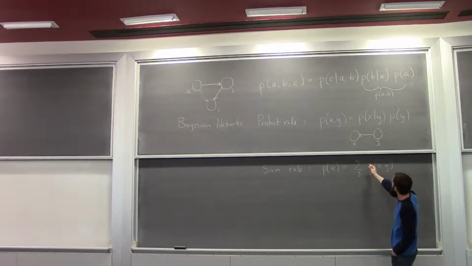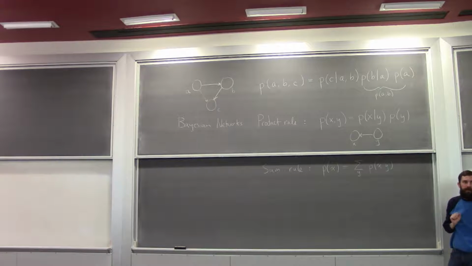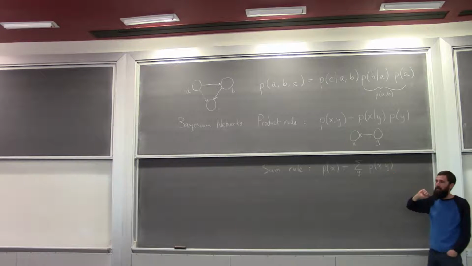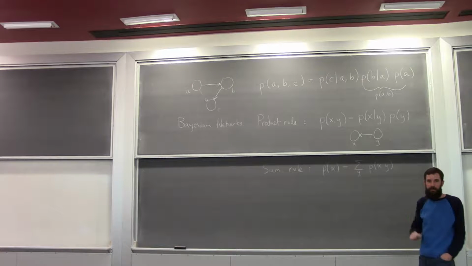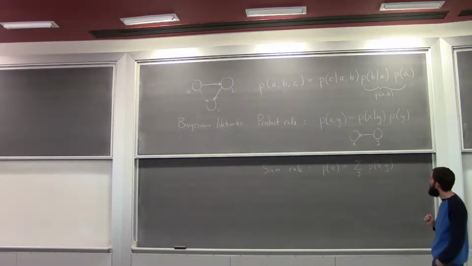If it's written this way, I can expand that out in the conditional version. But that's another piece that we're going to need. That's just marginalization. So this comes up a lot in graphical models.